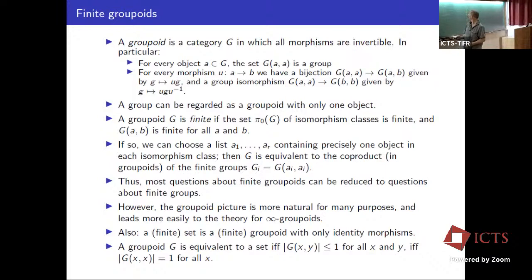So it's useful to consider when a groupoid is equivalent to a set. When is a groupoid equivalent to a one-point set?